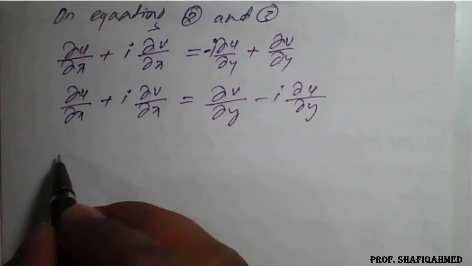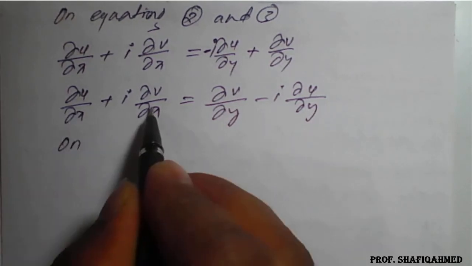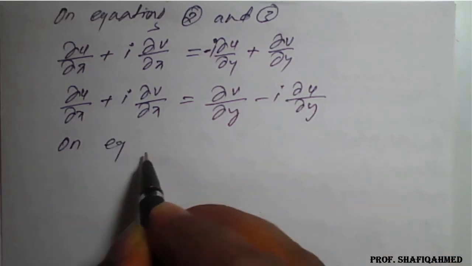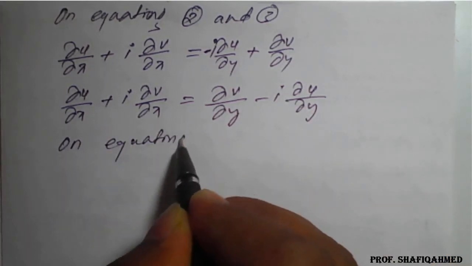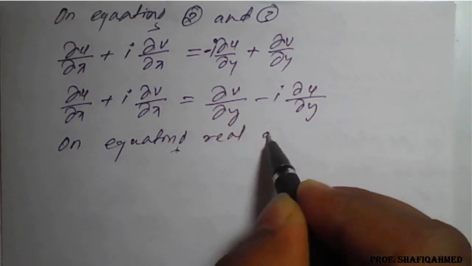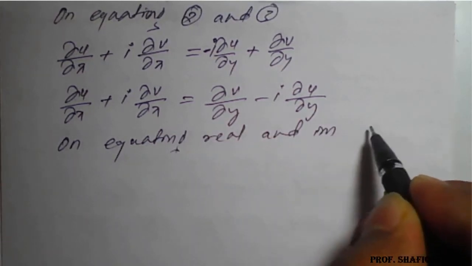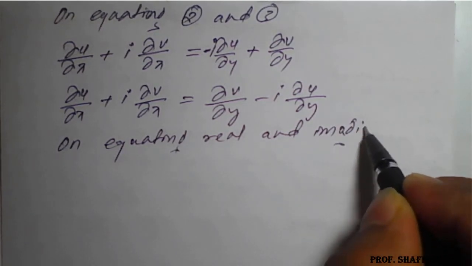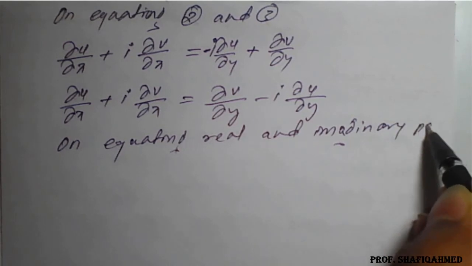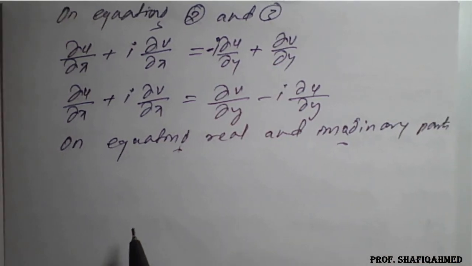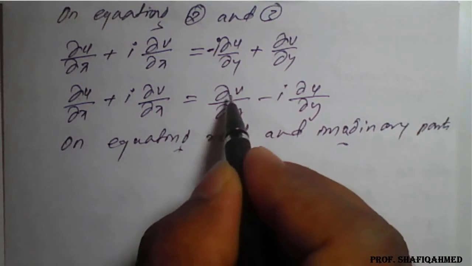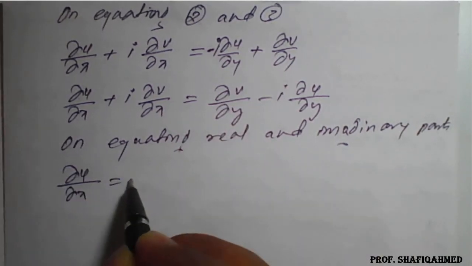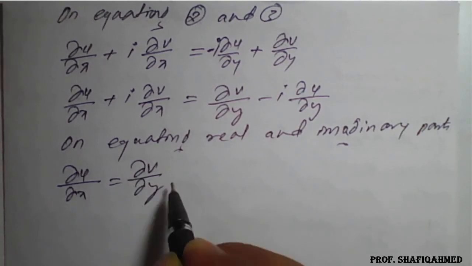Now on equating the real and imaginary parts, where imaginary means i is there: the real part gives dou u by dou x equal to dou v by dou y.